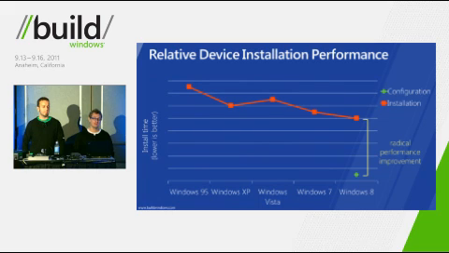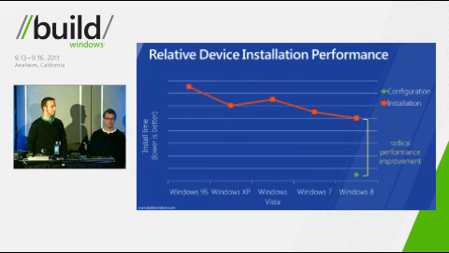So your devices, if they conform to the device configuration requirements, could install in as little as 100 milliseconds or maybe slightly more than that. So it is quite a big difference. And with that, I'm going to let Adam actually talk us through how the device installation and configuration experiences work.